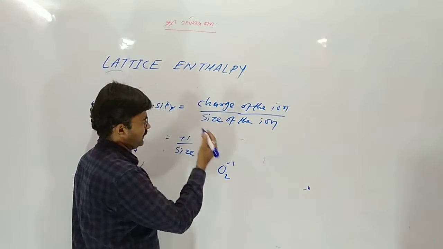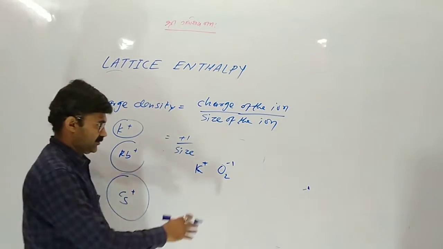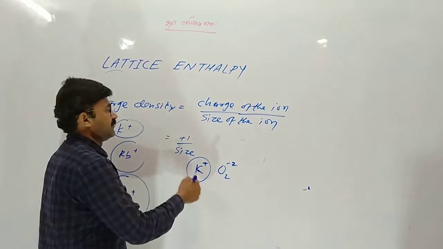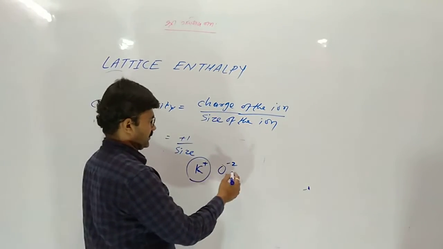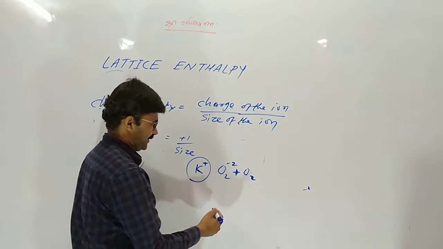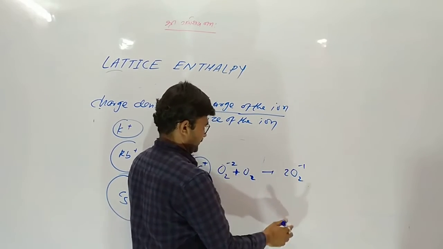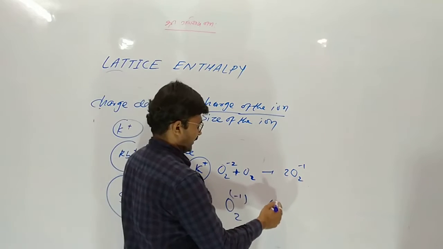So when it comes in contact with the peroxide, potassium allows it to combine with another oxygen. I have no problem. So another O2 molecule comes there. So O2 minus 1, one O2 possesses minus 1 charge.